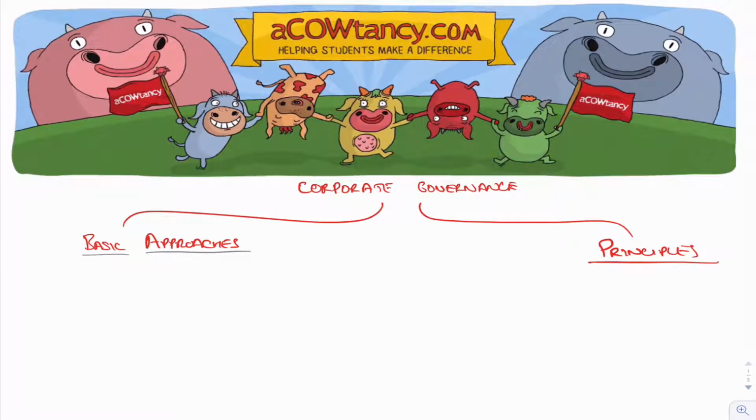Let's have a quick recap then about corporate governance. There's two basic approaches, isn't there? There's the comply or explain approach, or the principles approach, and then there's of course the legislative or the rules approach.